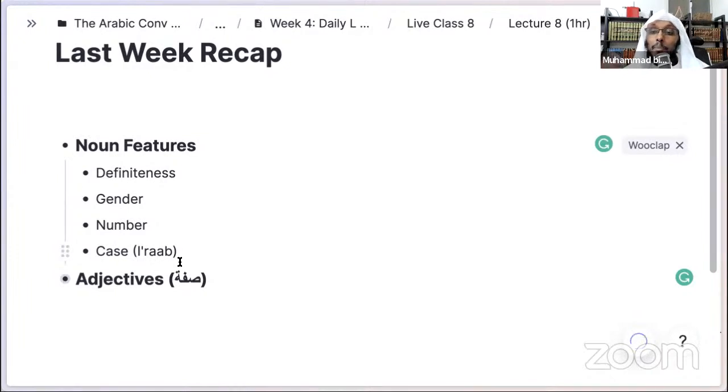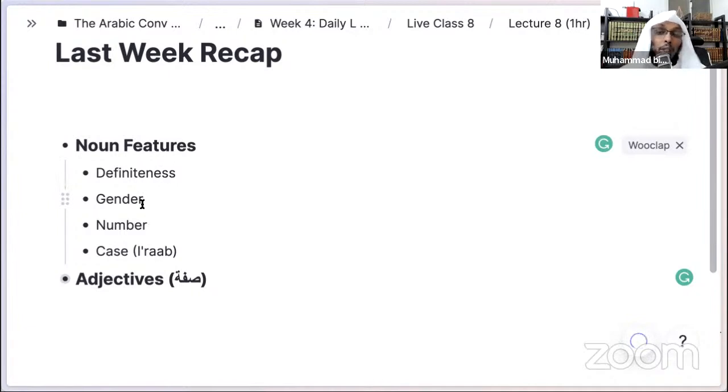For example, if you say Muhammadun tawilun, Muhammad is tall. Now, tawilun is an adjective, right? Or Muhammadun at-tawil, the tall Muhammad. At-tawil is an adjective. Here, at-tawil is definite, just like Muhammadun is definite, a proper noun.